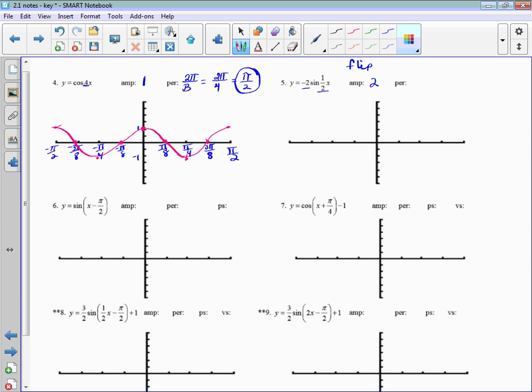And what is the 1/2 change? So you have to do 2 pi divided by 1/2. What do I get? 4 pi, I have to remember flipping, multiplying. So the period is 4 pi.